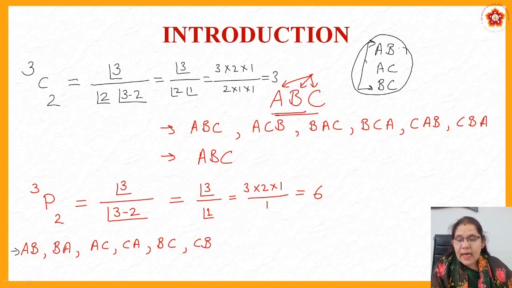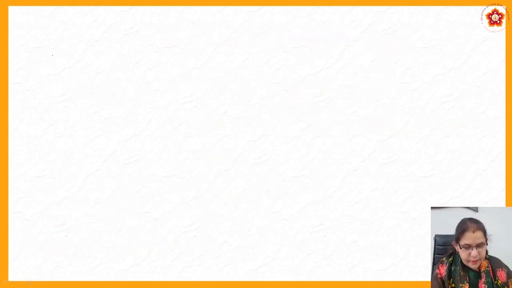So one difference is that we represent permutation by P and combination by capital C. Arrangement of objects in a particular order is called permutation. Combination refers to choosing the objects, and here the sequence does not matter.